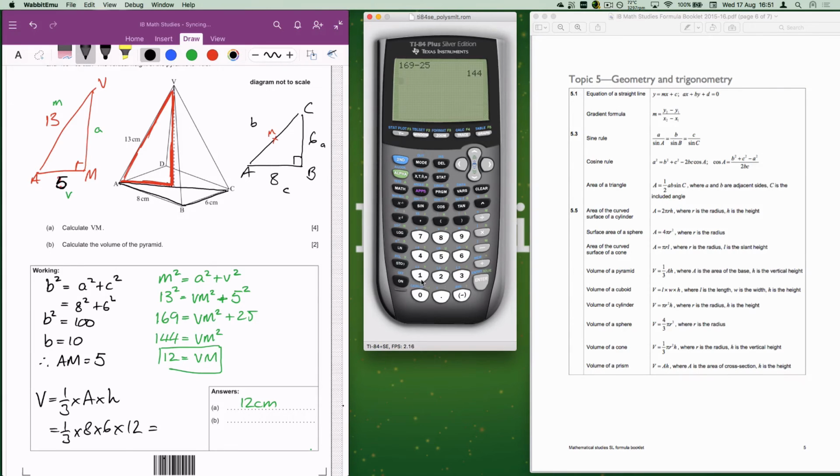So let's do that. So 12 times 8 times 6, divided by 3 to give me 1/3, and it gives me 192. So that's 192 cubic centimeters.